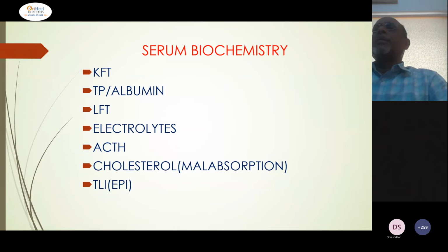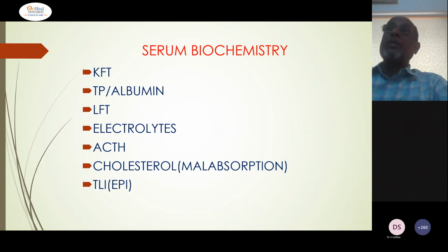So serum biochemistry will give you a lot of ideas on kidney function test for renal disease. And total protein and albumin will give you lots of ideas about protein losing nephropathy because of renal disease, protein losing enteropathy because of malabsorption or protein losing enteropathies.